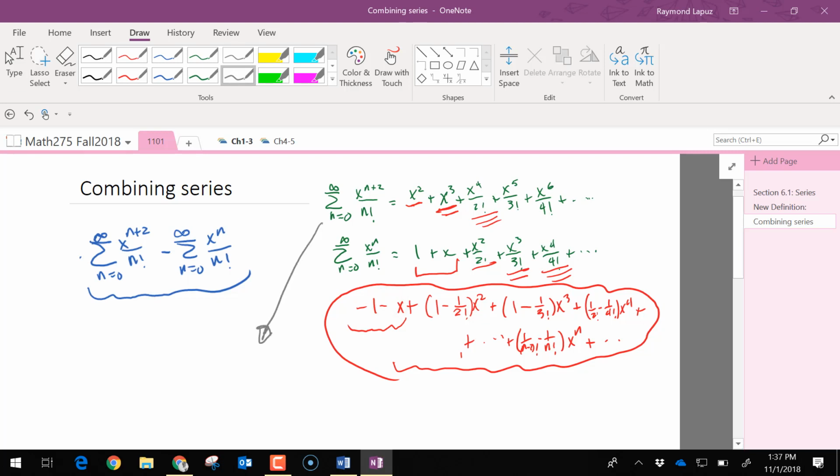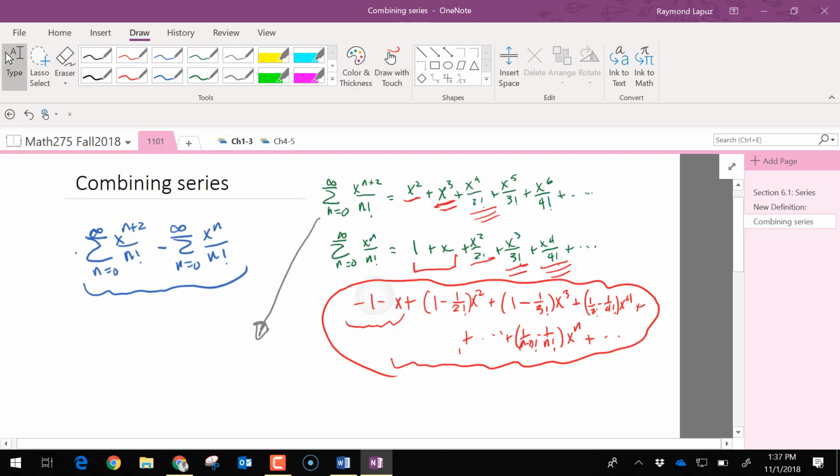Do you guys know how to shift indices? So, like in this case, instead of starting at 0, what if I want this series to start with 2?